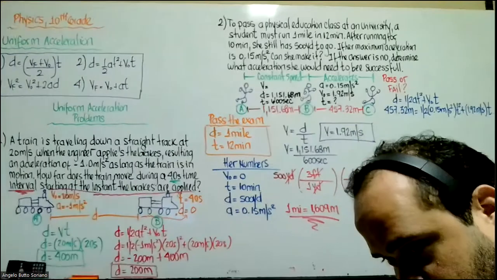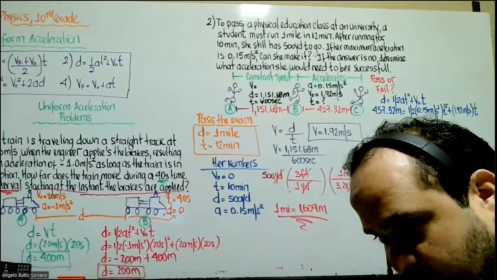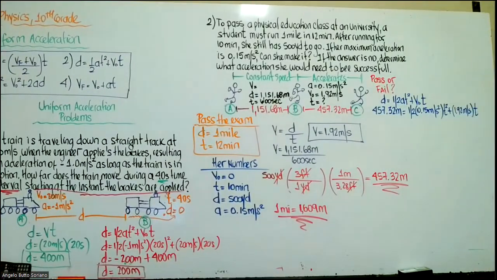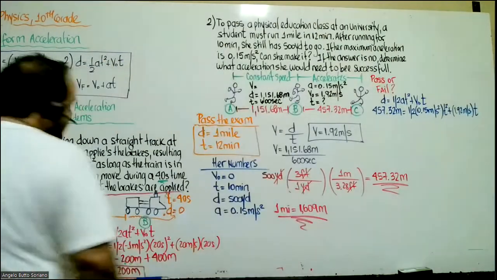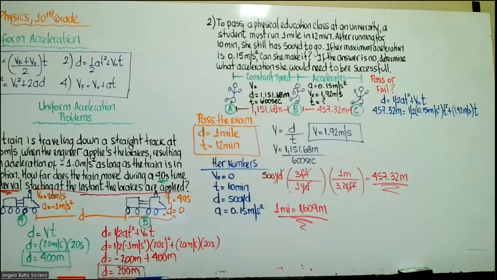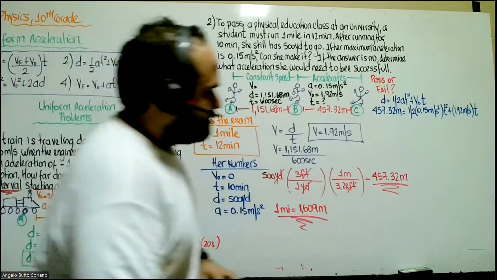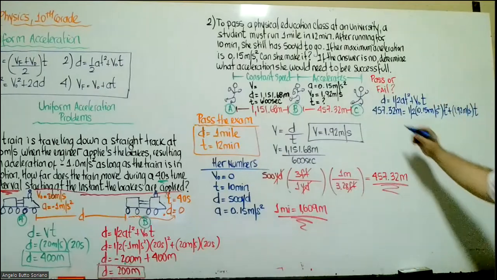I'm going to move the camera just a little bit to the right side. Perfect. Okay, we can simplify this equation: 0.15 times 1/2 is 0.075.